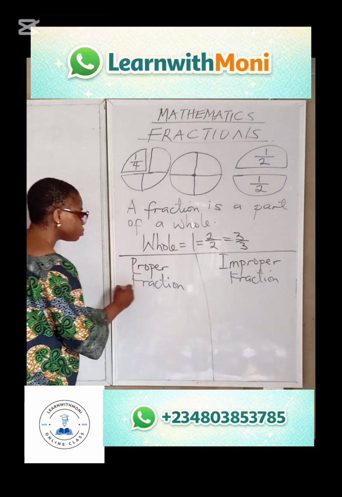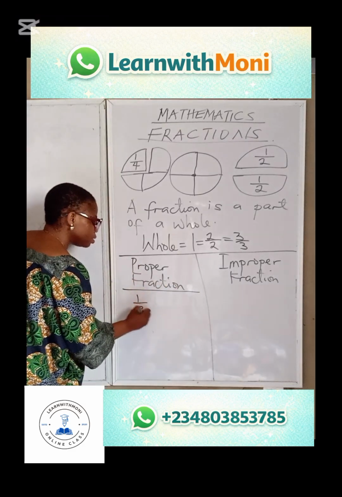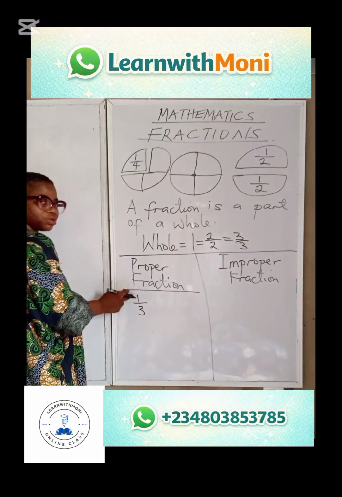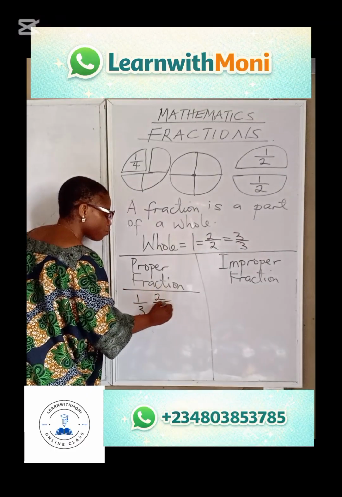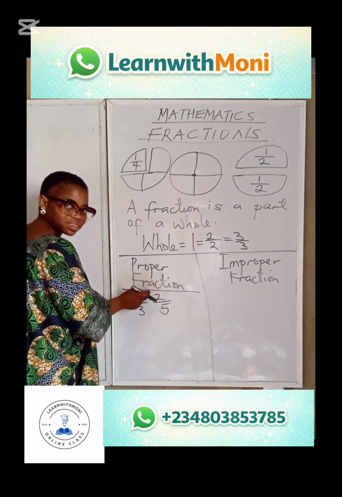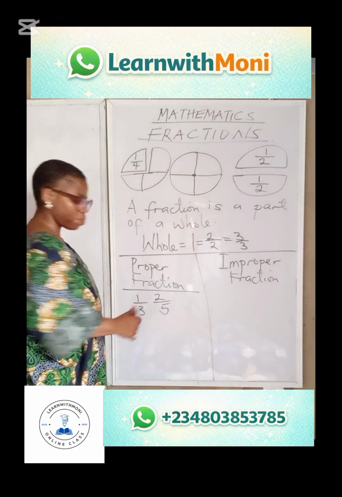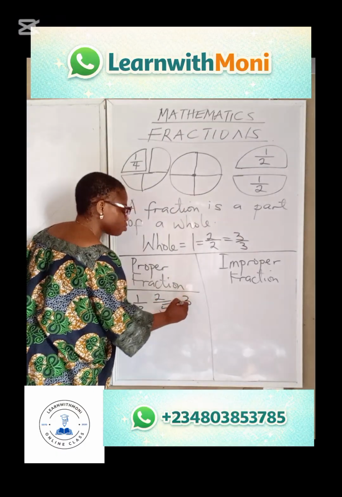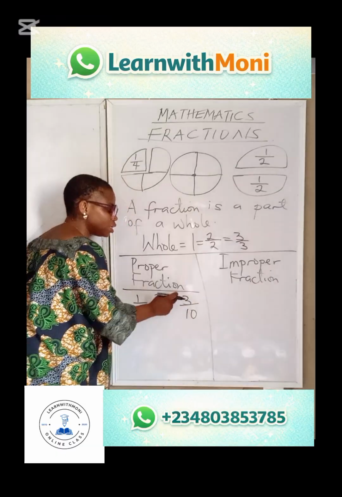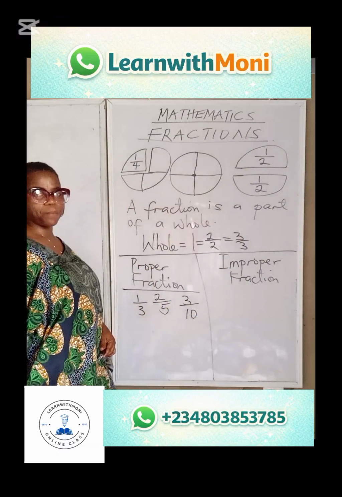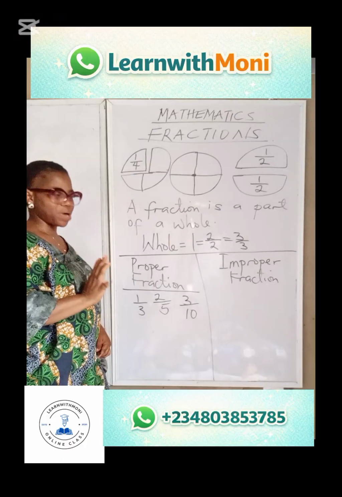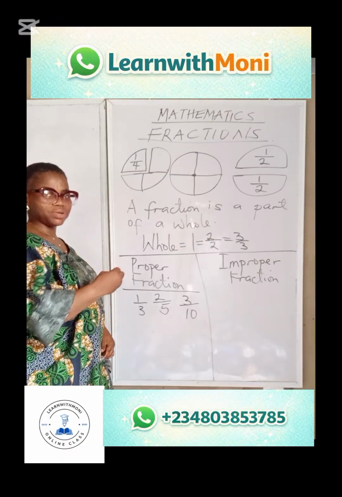Like when I have 1 out of 3, the bigger one is carrying the smaller one, that is proper. When I have 2 out of 5, the bigger one is carrying the smaller one, that is proper. When I have 3 out of 10, the bigger one is carrying the smaller one. These are examples of proper. Right, proper, when the bigger is carrying the smaller.